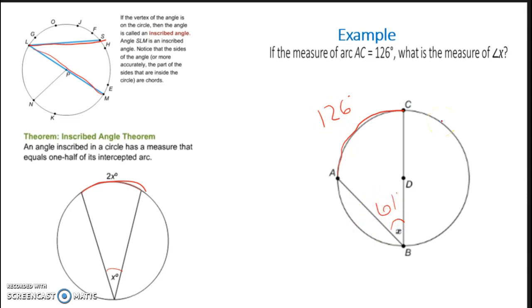The arc is twice the measure of the inscribed angle. So if this inscribed angle was, say, 42 degrees, then the arc would be twice that, which is 84. So they have that special relationship, whereas the central angle is equal to the arc measure. This one, the inscribed angle is half. So make sure you have that noted and you remember that as you go forward.